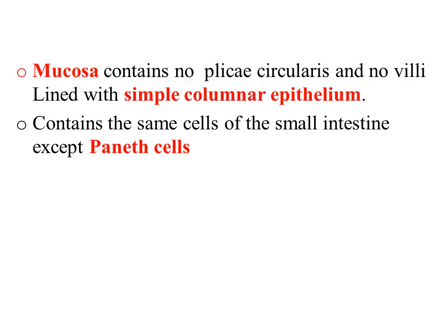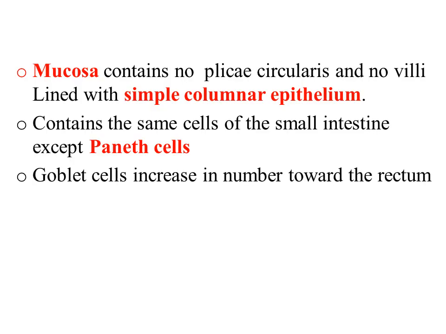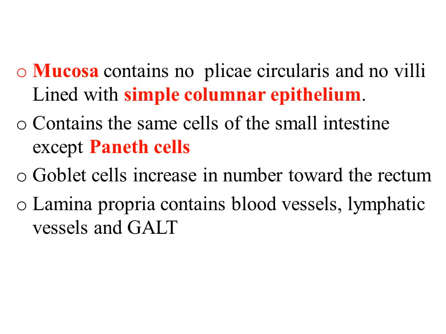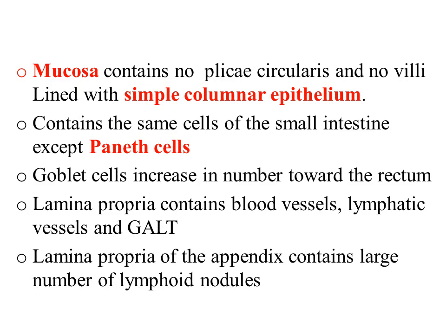It is lined by a simple columnar epithelium containing the same cells as the small intestine except Paneth cells. The goblet cells increase in number toward the rectum, and the lamina propria contains blood vessels, lymphatic vessels, and gut associated lymphoid tissue. The lamina propria of the appendix contains a large number of nodules.